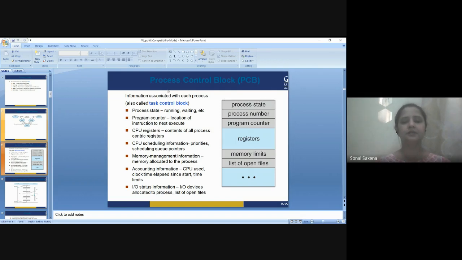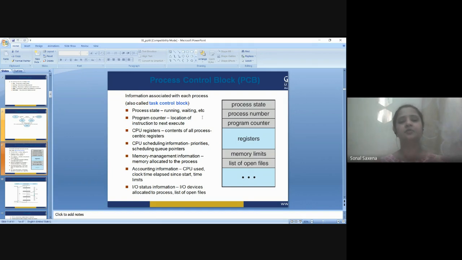Then the next field is the program counter. So what is the program counter? The program counter is basically a part which always stores the address of the next instruction to be executed. As I told you, a process is nothing but a program in execution. In a program, there are lines of instructions. Let's say one line is already executing.